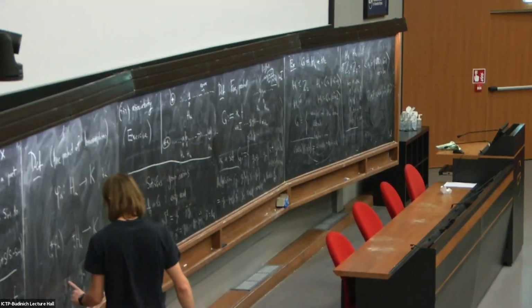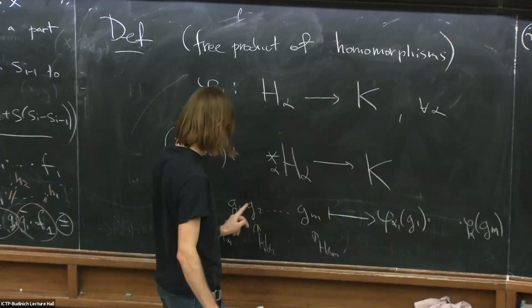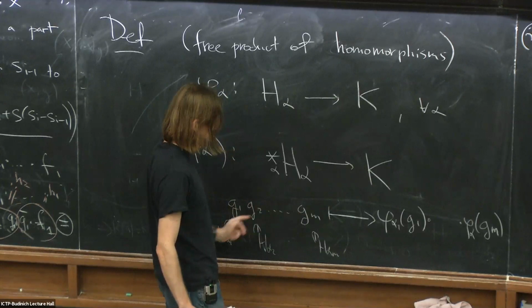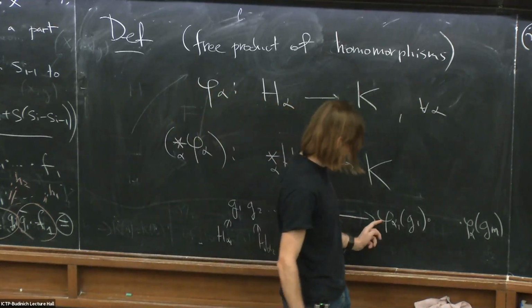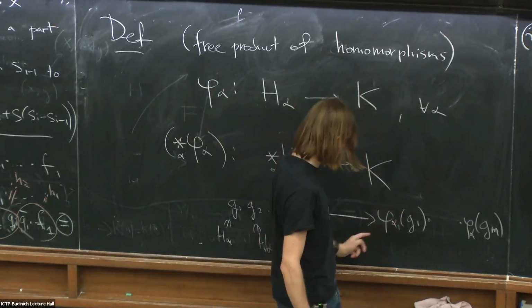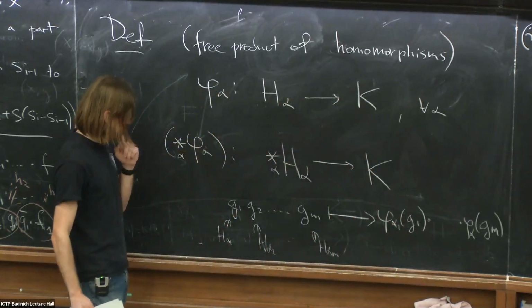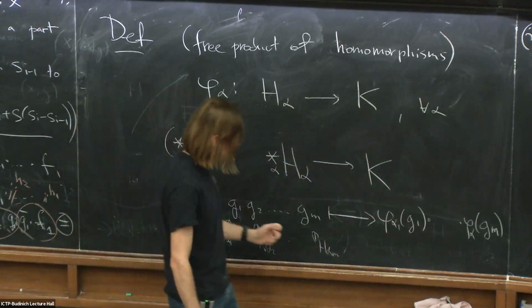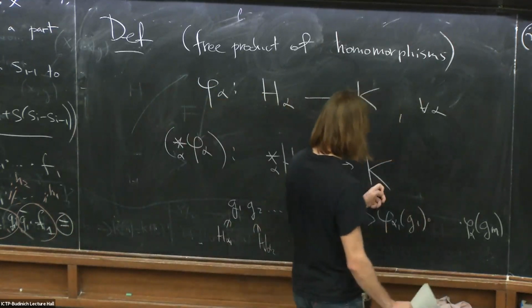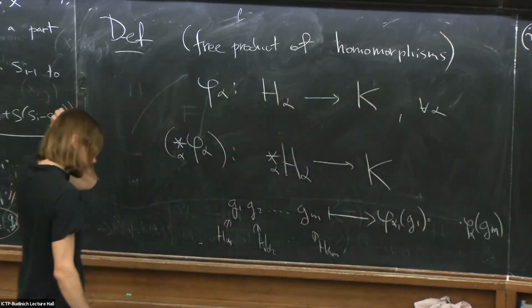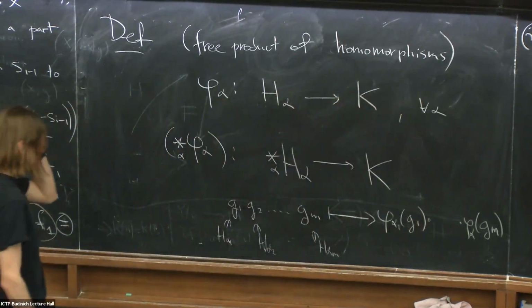Here we had a formal product or word, a formal sequence of elements, but here the results of applying the maps phi_alpha are actually multiplied using the group structure in K. And it's easy to see that this is indeed a homomorphism.